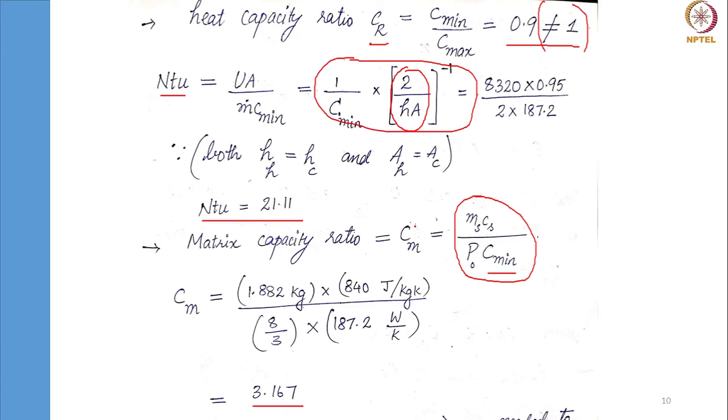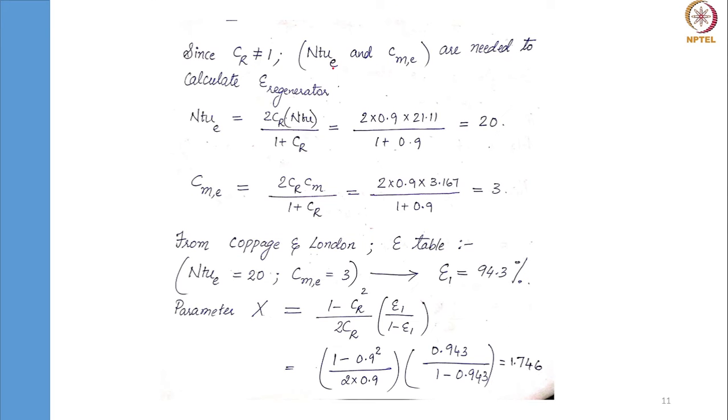Okay, so to find the effective NTU from the calculated NTU, we use this formula: 2 times Cr into NTU by 1 plus Cr. So we get a value of NTU as 20.